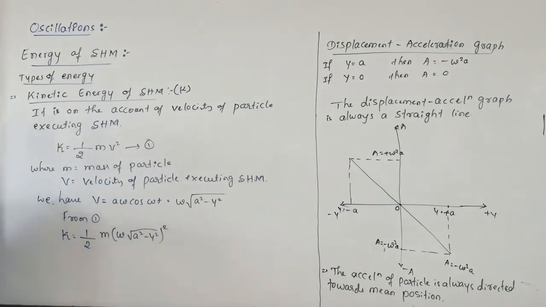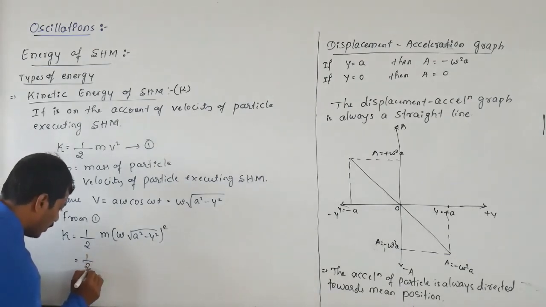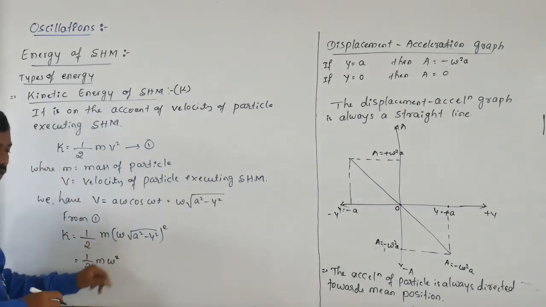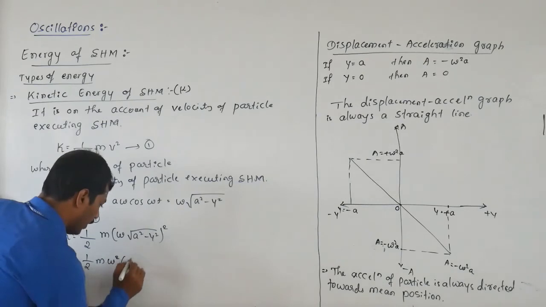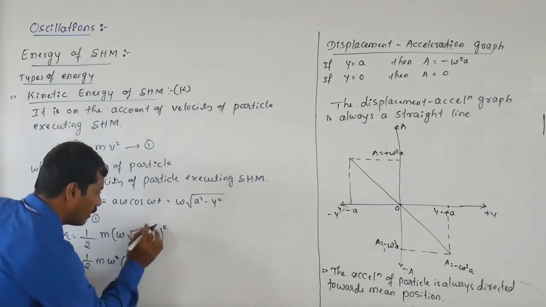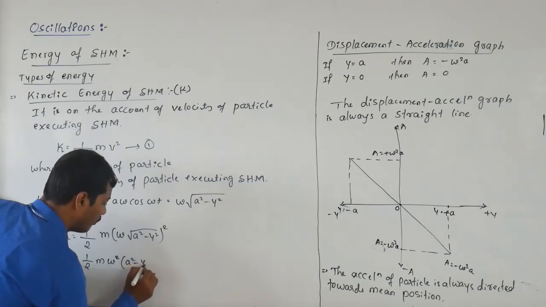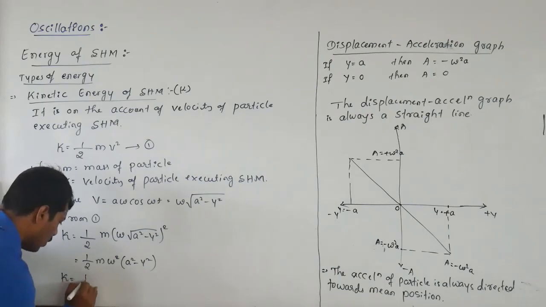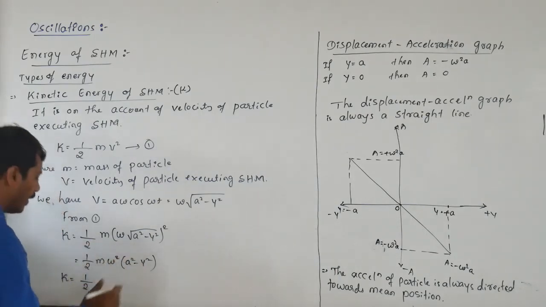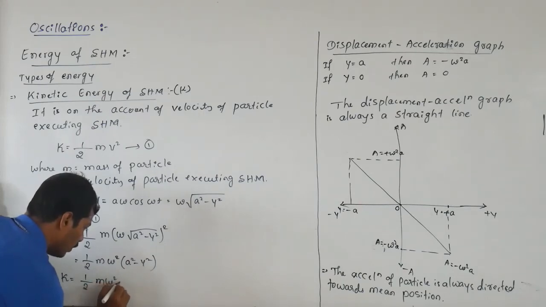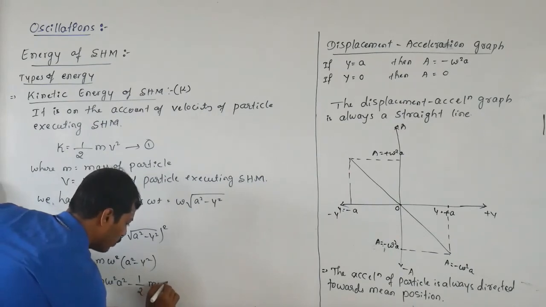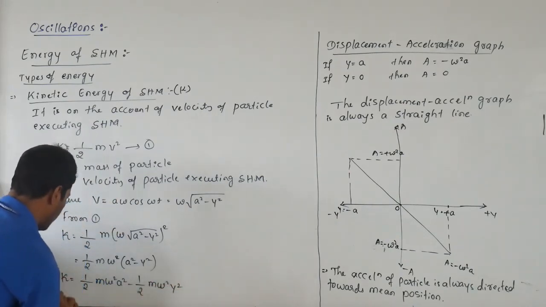The square applies to all terms of the bracket. Now 1 divided by 2 m into omega square, the root and square get cancelled, and it becomes a square minus y square. Then the final equation of the kinetic energy is 1 divided by 2 m omega square a square minus 1 divided by 2 m omega square y square. Very simple.